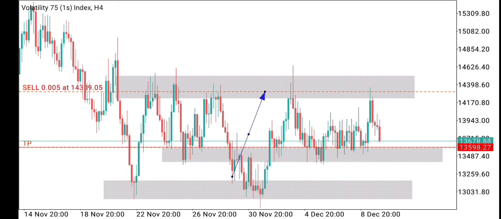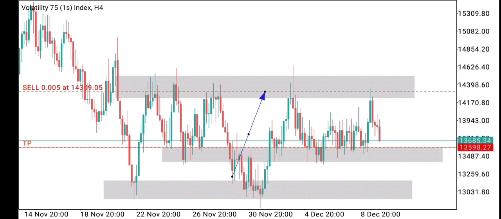For the resistance level we'll make use of the evening star, bearish pin bar, and the bearish engulfing pattern. Those are the three main reversal patterns that I use for bearish movement. Then for bullish movement, I make use of the morning star, the bullish pin bar, and the bullish engulfing pattern.